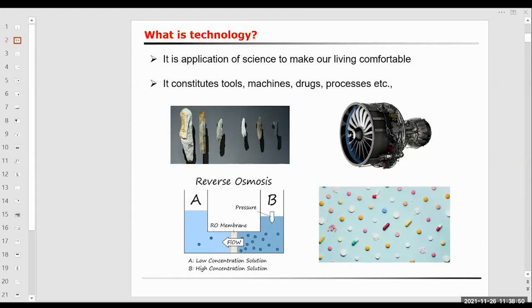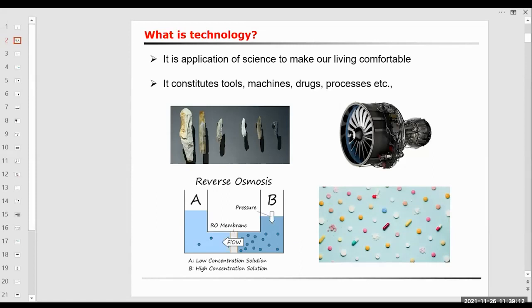This process also constitutes technology, and all of these, either tools or machines or drugs or processes, are developed based on some scientific principles. That is the core of technology, because otherwise there is no technology.